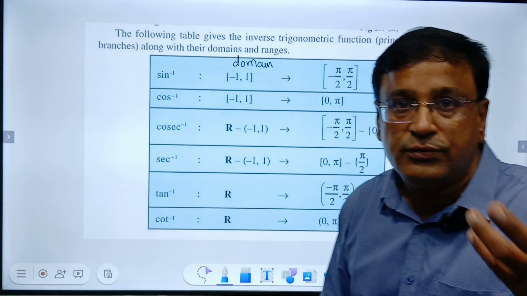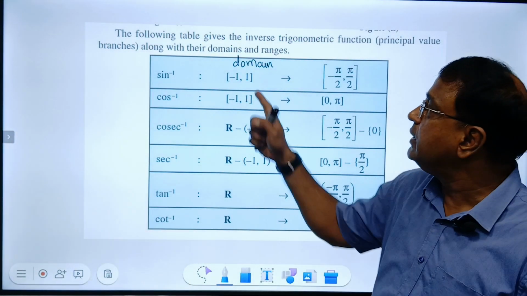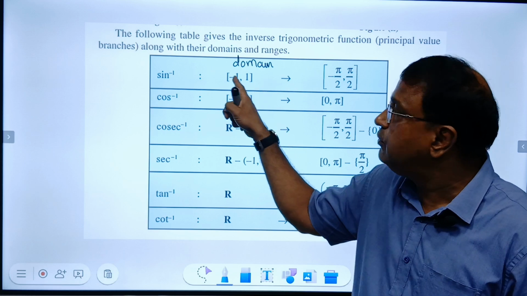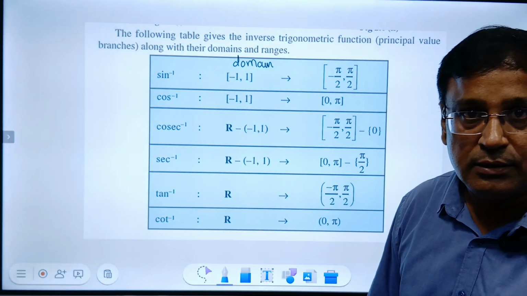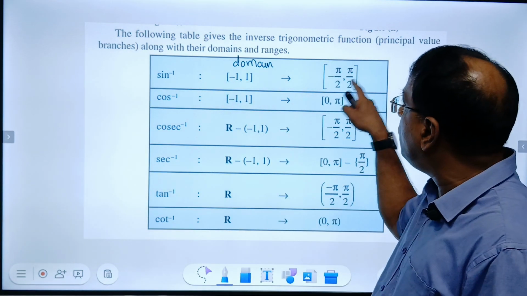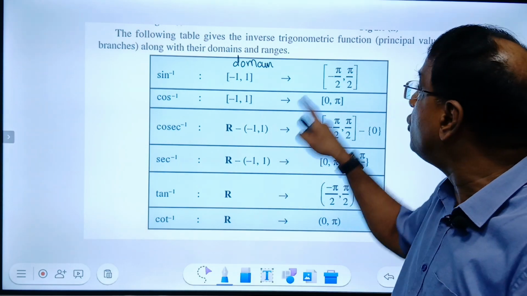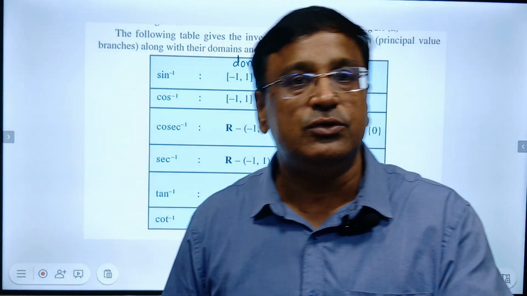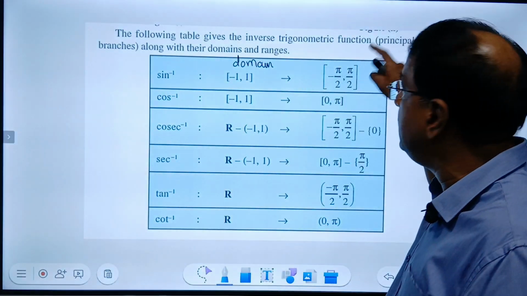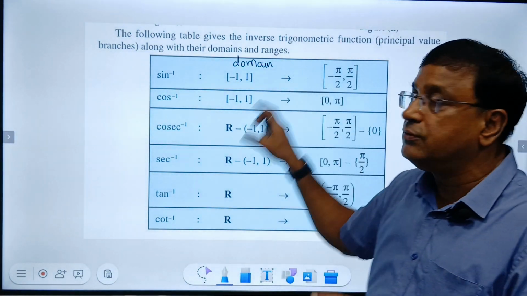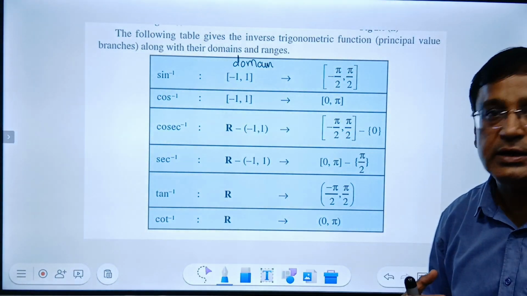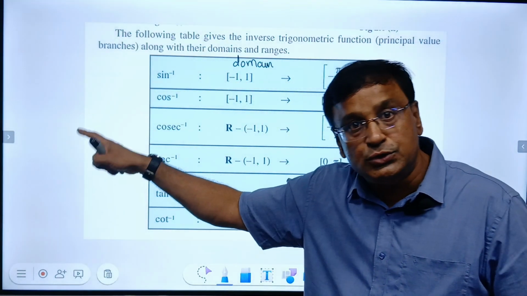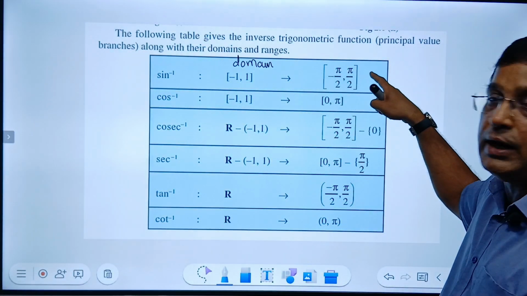And you saw yourself that the maximum value of sine is plus 1, minimum value is minus 1. Correct? And the graph was from minus pi by 2 to pi by 2 closed interval, because sine pi by 2 is 1, sine minus pi by 2 is minus 1. Well defined. So this table is not to by heart, it's for you to understand. From the graph which I showed you, I'm sure you should be able to understand now.